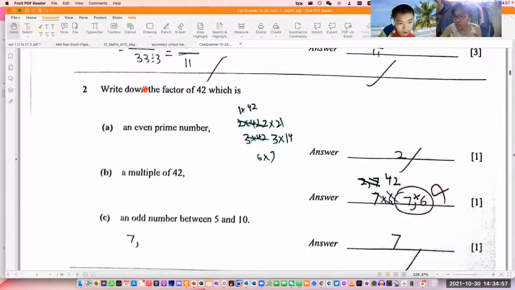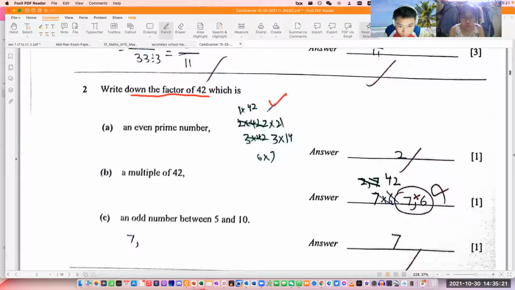Over here, it says write down the factors of 42, right? Okay? So what is all this? How do you do this question? First, you need to write down the factors of 42. Where are your factors?